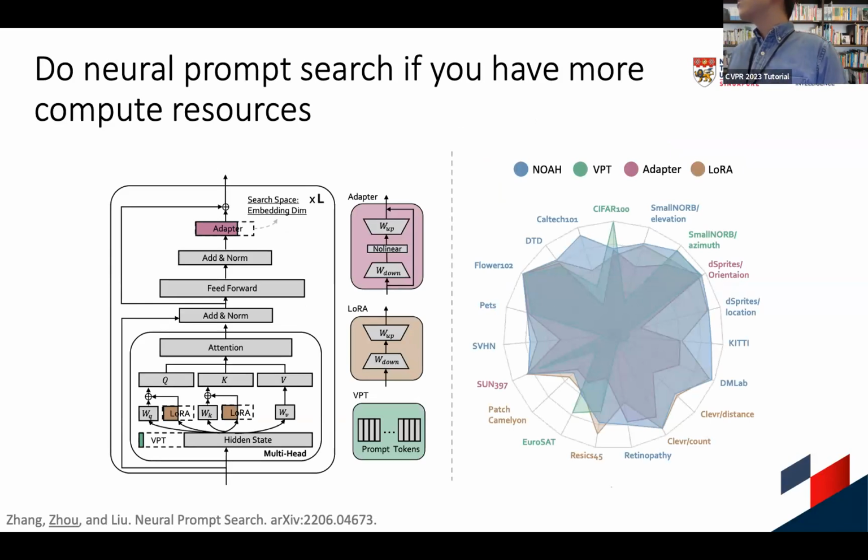You design a search space by embedding different prompt modules like adapter, LoRA, and VPT, visual prompt tokens, into different places, and use your favorite neural architecture search algorithm to solve this problem. On the right-hand side, what we see is that our approach NORA performs better than the other individual prompt models on most of the data sets.